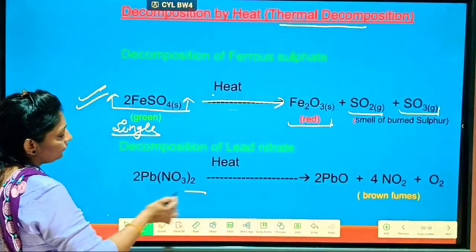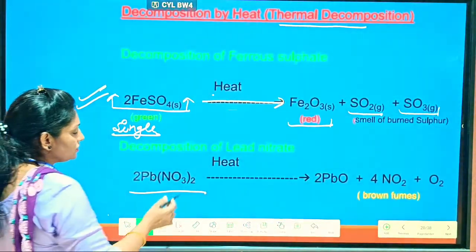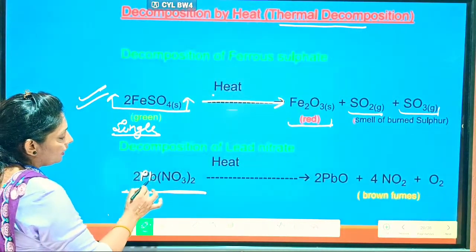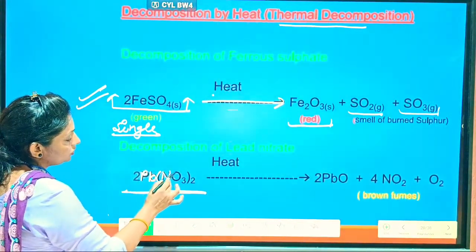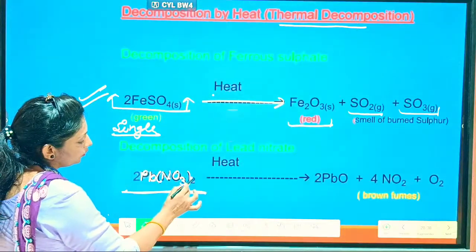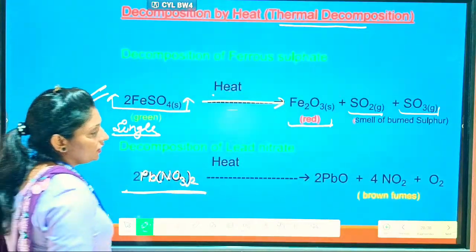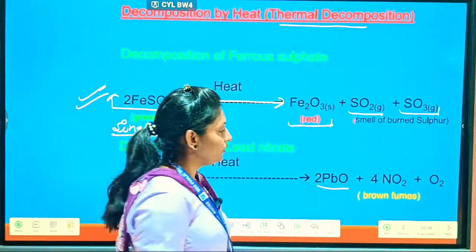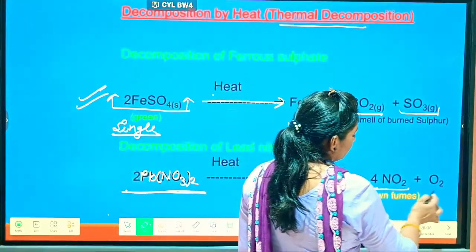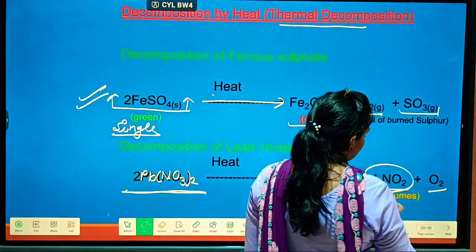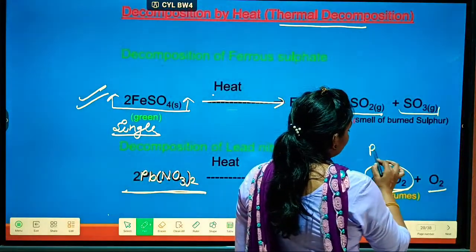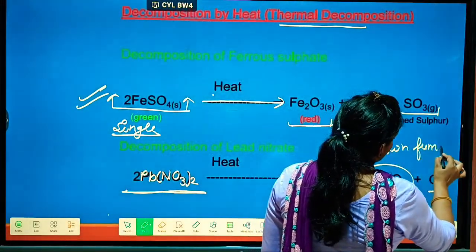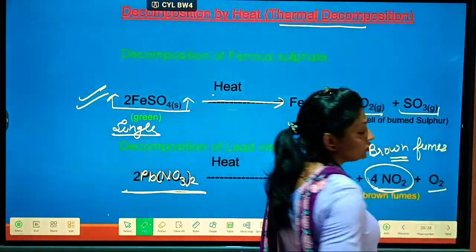One more example, if you have lead nitrate. Students, if you heat lead nitrate, Pb(NO3)2, this is lead nitrate. If you heat lead nitrate, then you get lead oxide, PbO, NO2 plus O2. Students, you will observe some brown fumes.